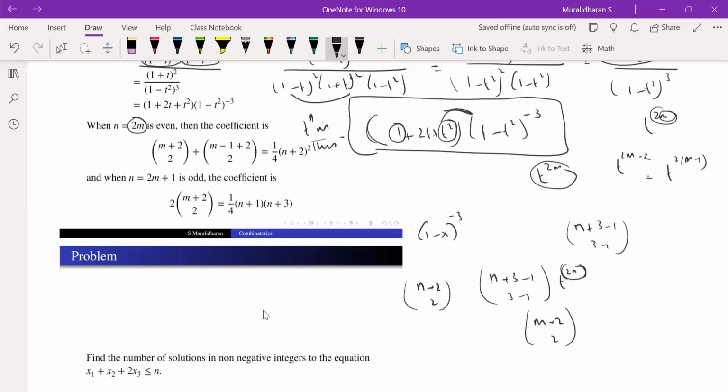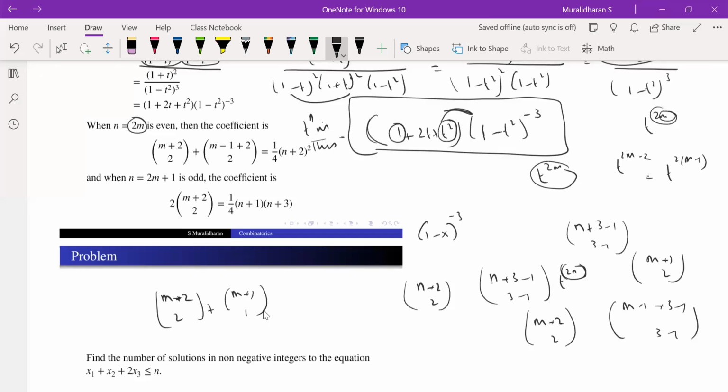So what will be the coefficient of t power 2 into m minus 1? It will be m minus 1 plus 3 minus 1 c 3 minus 1, which is the same as m minus 1 plus 2, which is m plus 1. So this is m plus 1 c 2. So this m plus 1 c 2 and then m plus 2 c 1. So I have m plus 2 c 2 plus m plus 1 c 1.